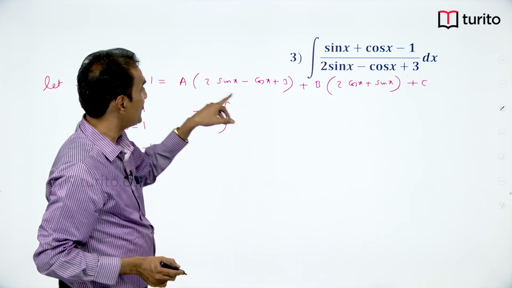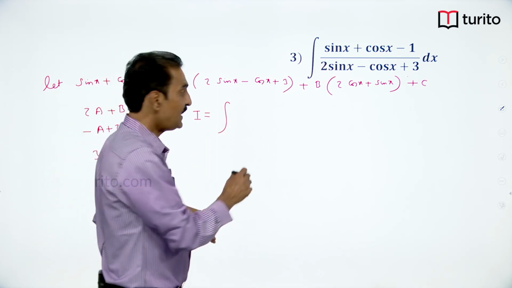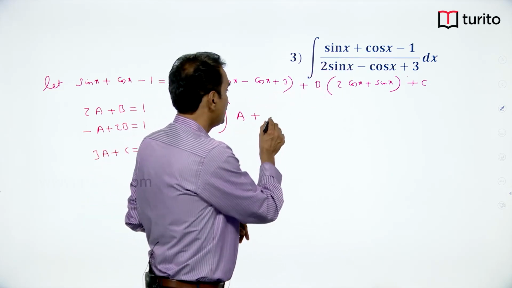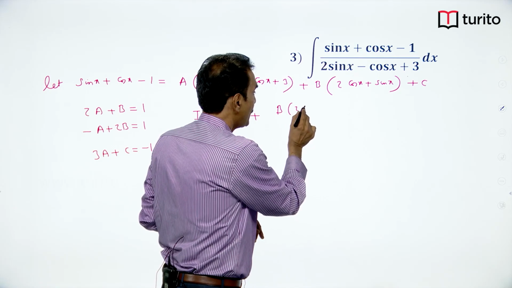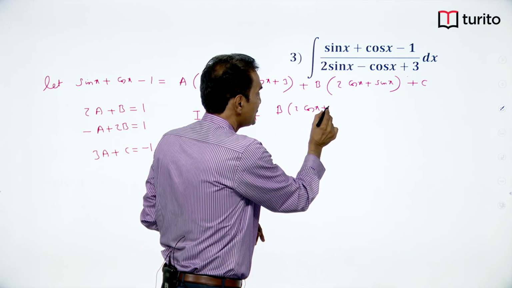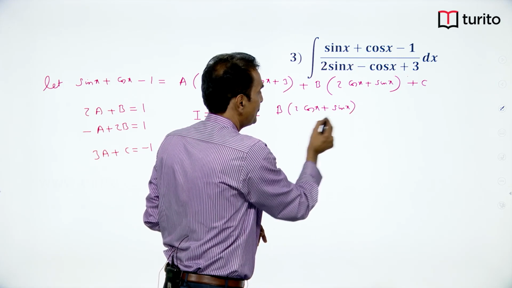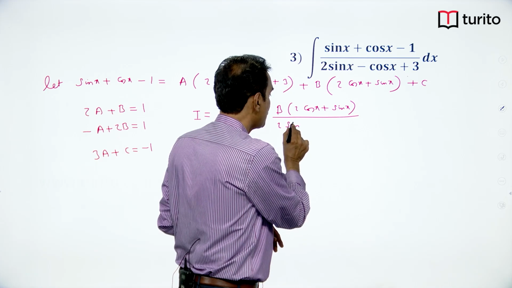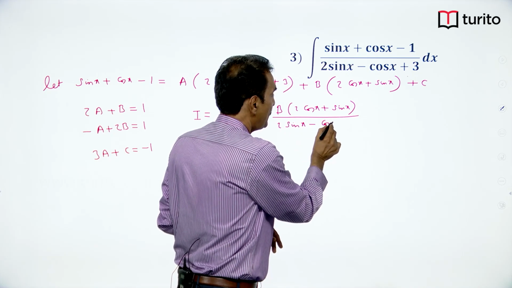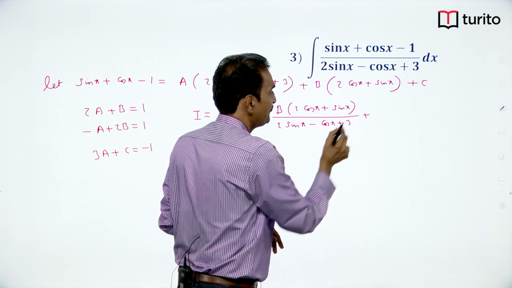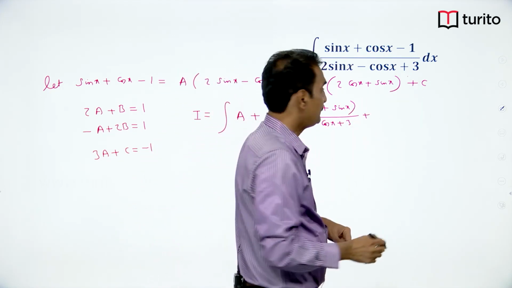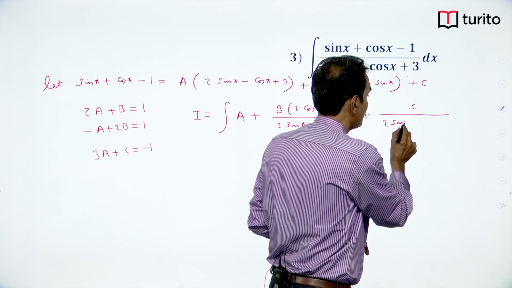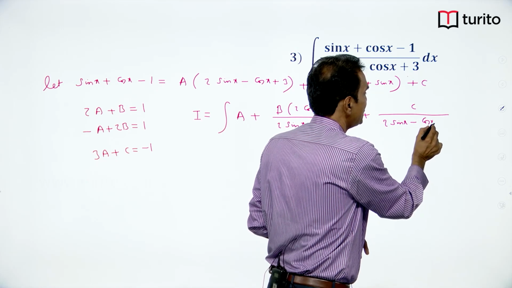If you separate the denominator, this by this is a, plus b into 2 cos x plus sin x by 2 sin x minus cos x plus 3, plus c by 2 sin x minus cos x plus 3.